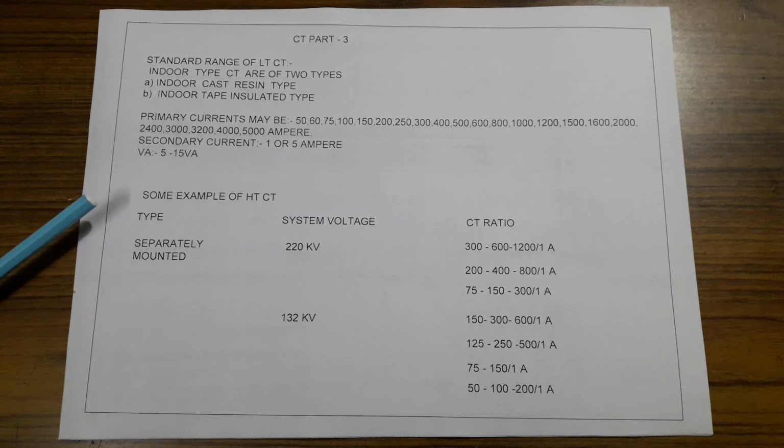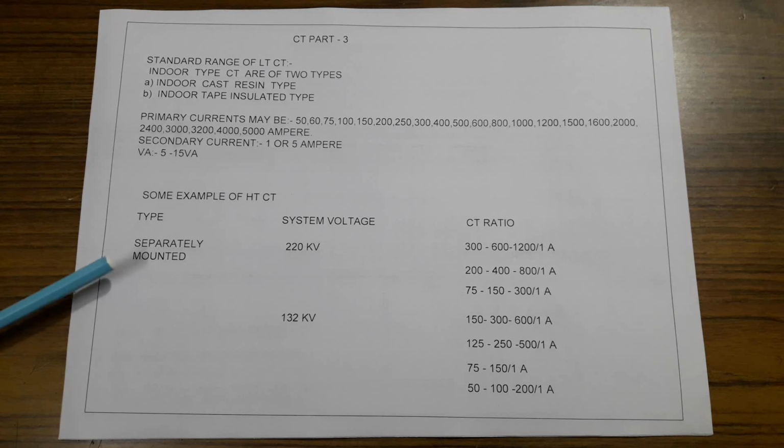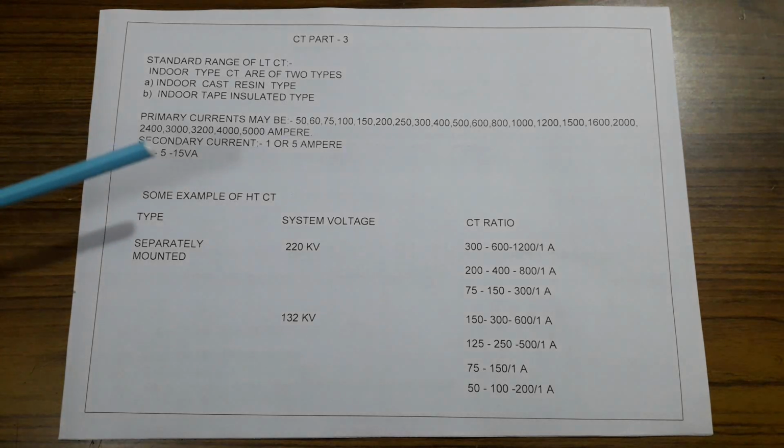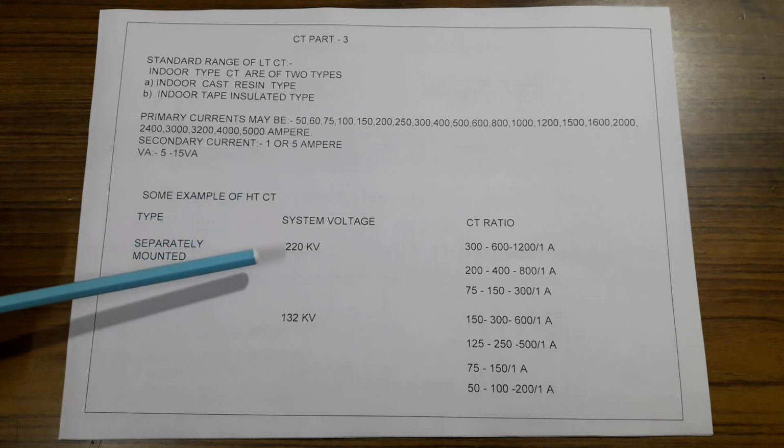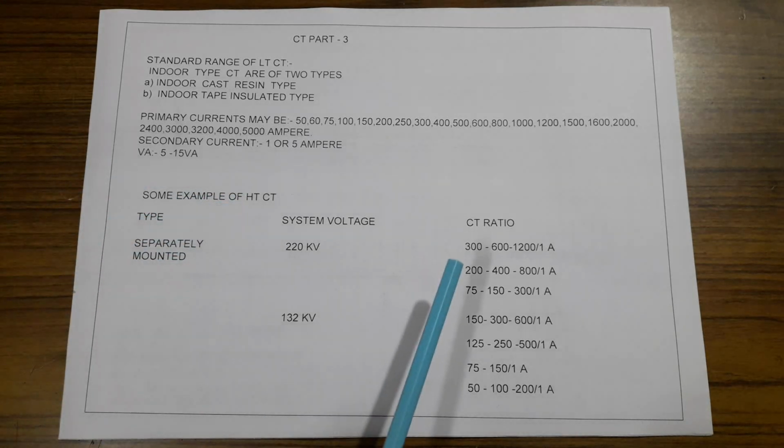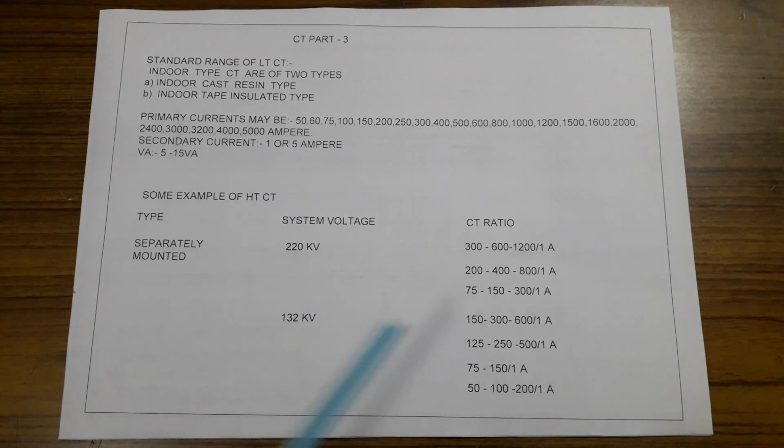Some examples of HTCT. Here is the type separately mounted in the outdoor substation. The system voltage is up to 20 kV. The CT ratios are 300, 600, 1000, 1200 primary current, and the secondary current is 1 ampere.